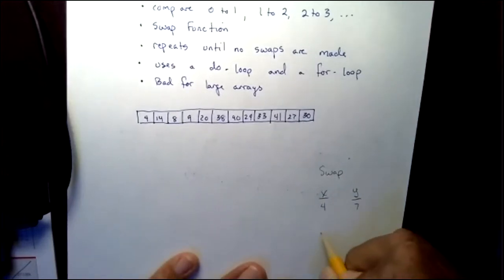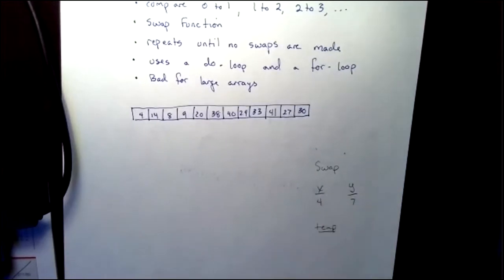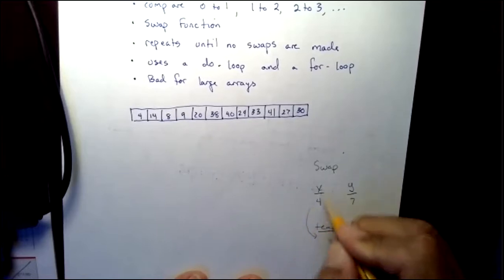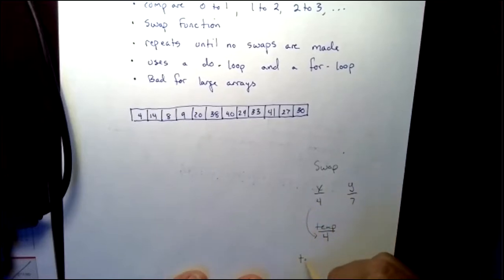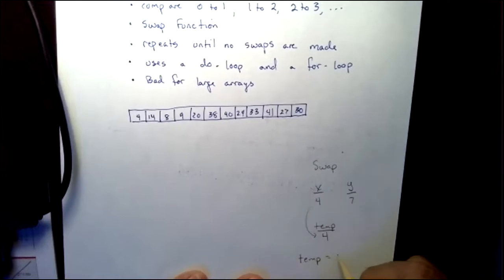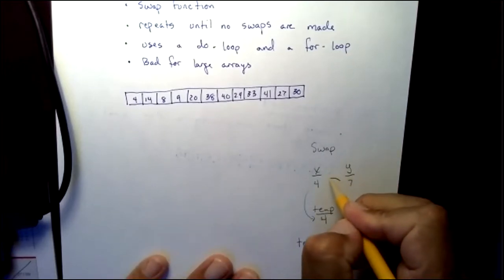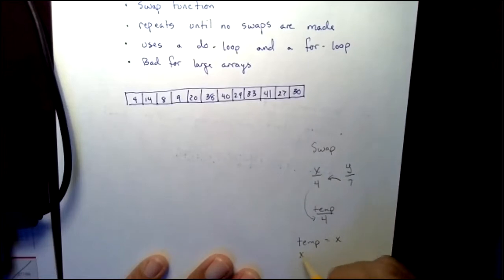How am I going to do it? Well, I'm going to have to create a temporary variable so that I don't lose a value when I do a swap. I'm going to start out, I'm going to say temp gets a value of x. So temp's now 4. Going in reverse order, x can now get the value of y.